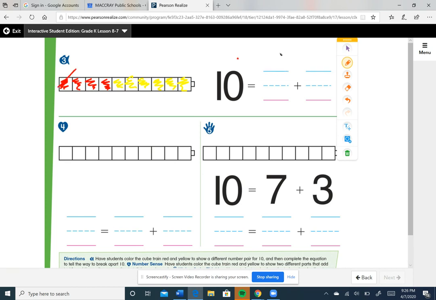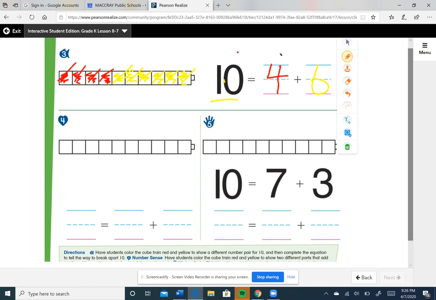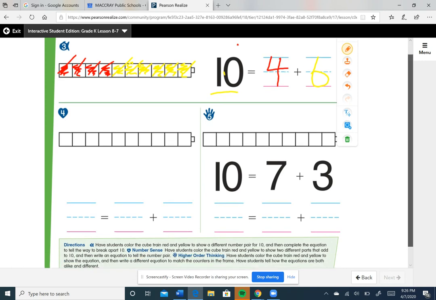I have 1, 2, 3, 4 reds and 1, 2, 3, 4, 5, 6 yellows. Are all my cubes colored in? Yes, they are, so I know I have 10. So our equation reads 10 equals 4 plus 6. Awesome.